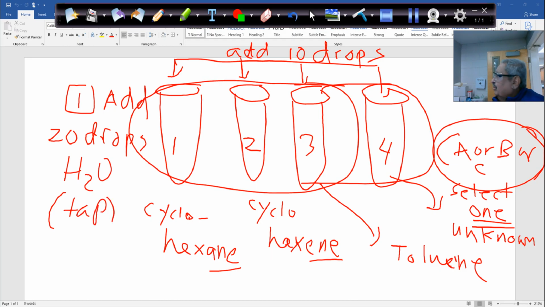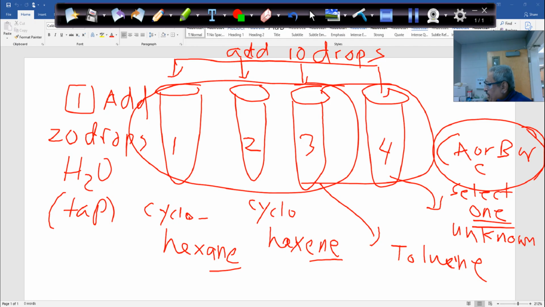And then you have to record your observation. Are those compounds soluble in H2O or not? It will turn out that all of those are not soluble in polar solvents such as H2O. I'm telling you the results up front, so you will know they are non-polar compounds. All those three are non-polar. So we are not expecting them to be soluble in H2O.